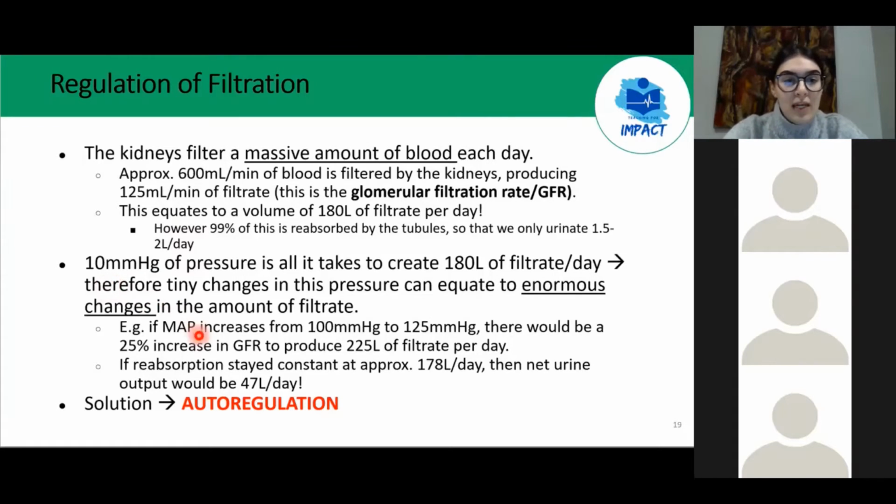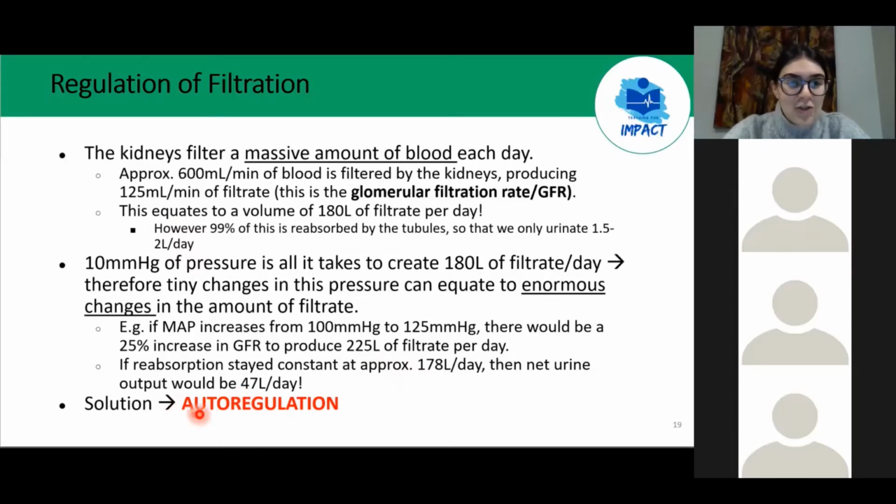So for example, if we increase our mean arterial pressure, so let's say if someone's sitting at around 100 millimeters of mercury to about 125, if we increase it by only 25%, then we would produce about 225 litres of filtrate per day. So that's increasing our filtrate load by 25%. And if our reabsorption stayed constant at 178 litres a day, then we'd be producing 47 litres of urine a day. And that's still not very sustainable.